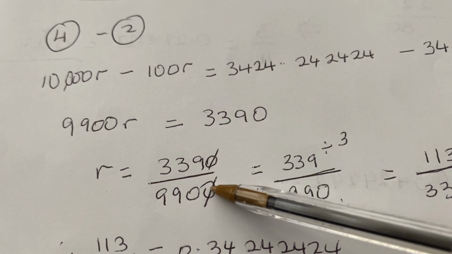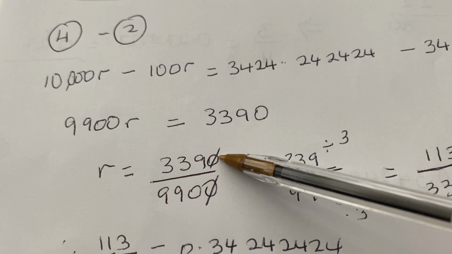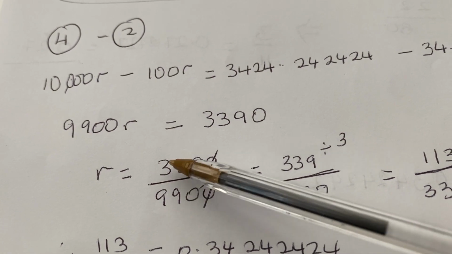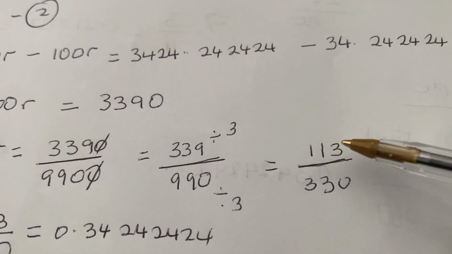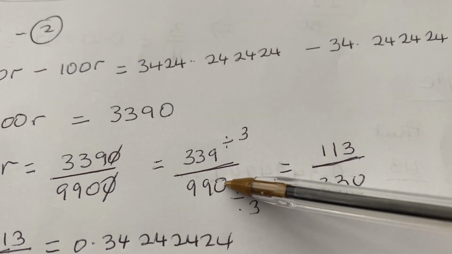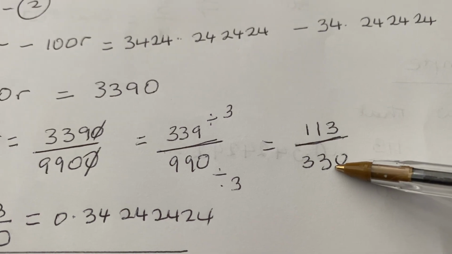The zeros can cancel out. So I have 339 divided by 990. If I divide the numerator by 3, I have 113. If I divide the denominator by 3, I have 330.